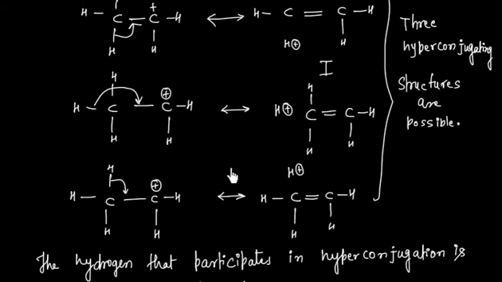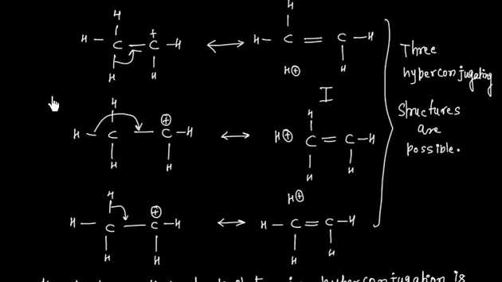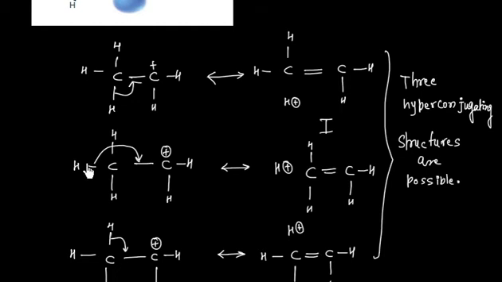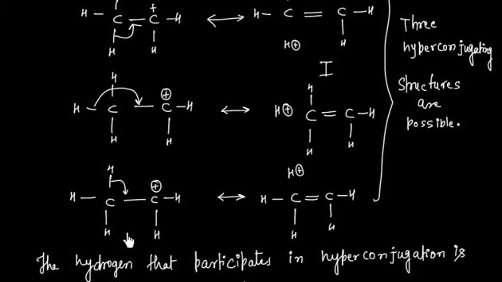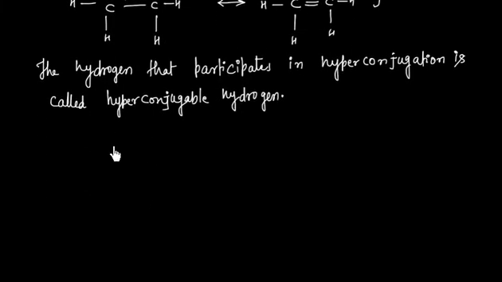For example, in this case, we have three hyperconjugable hydrogens. So you see, this hydrogen and this hydrogen participate in hyperconjugation. So for this molecule, we have three hyperconjugable hydrogen.